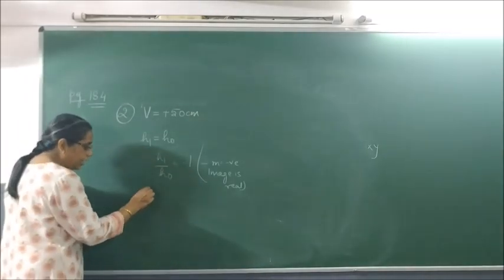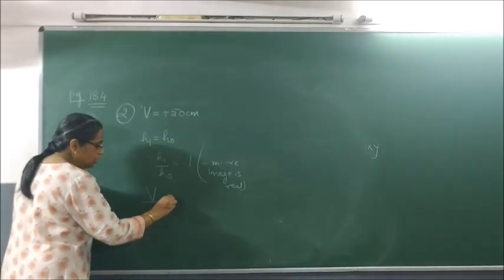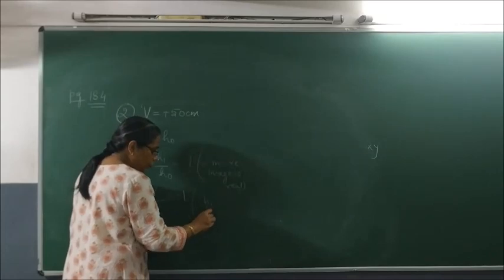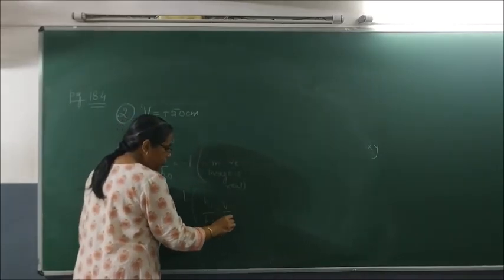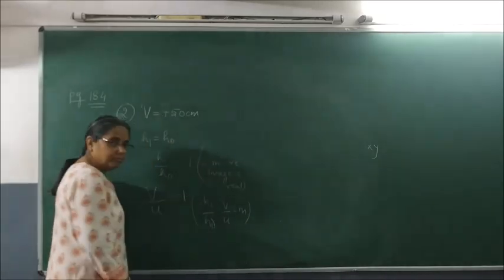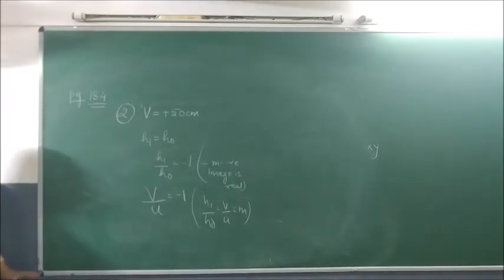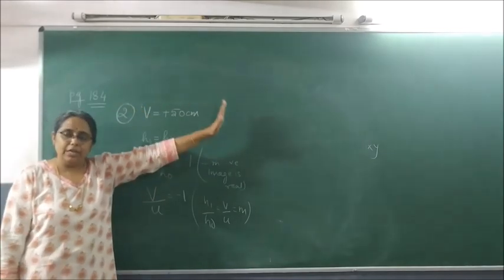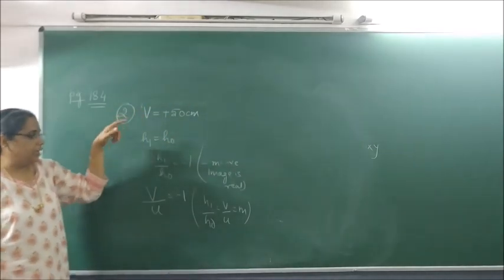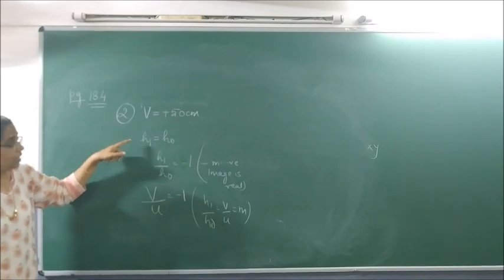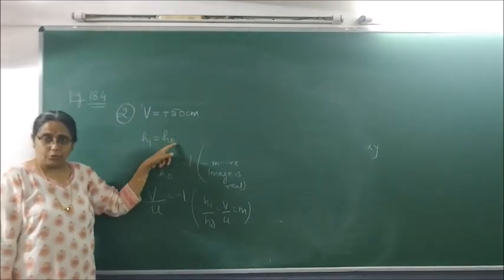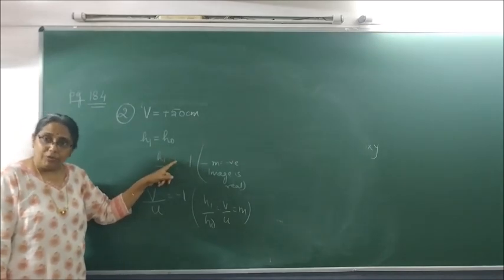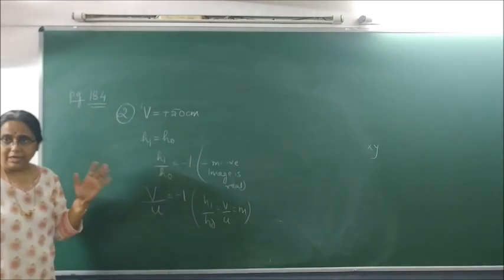So I can even write v/u is equal to minus 1, because hi/ho or v/u is equal to m. Once again, v is equal to plus 50, because real images are formed on the other side of the lens. The second part says hi is equal to ho, so m is minus 1, because it is real and inverted.